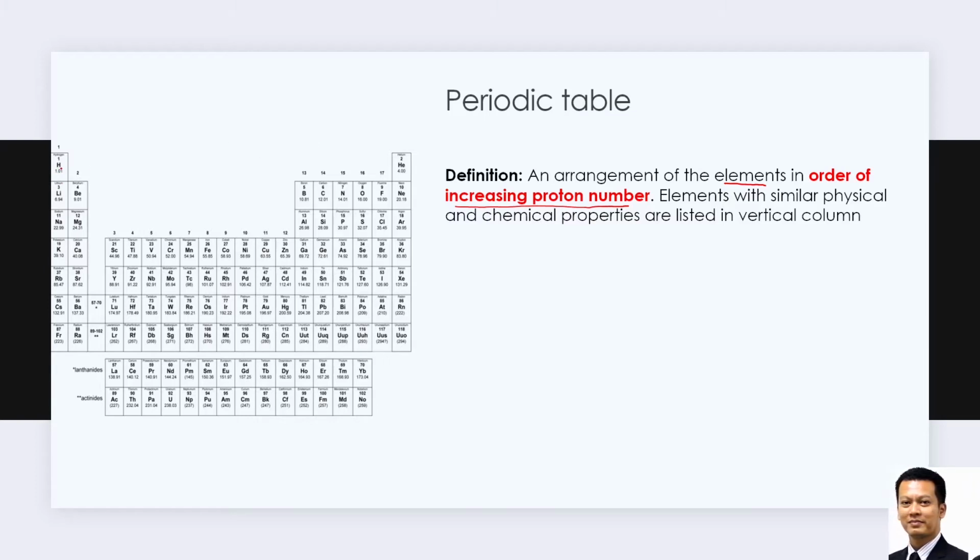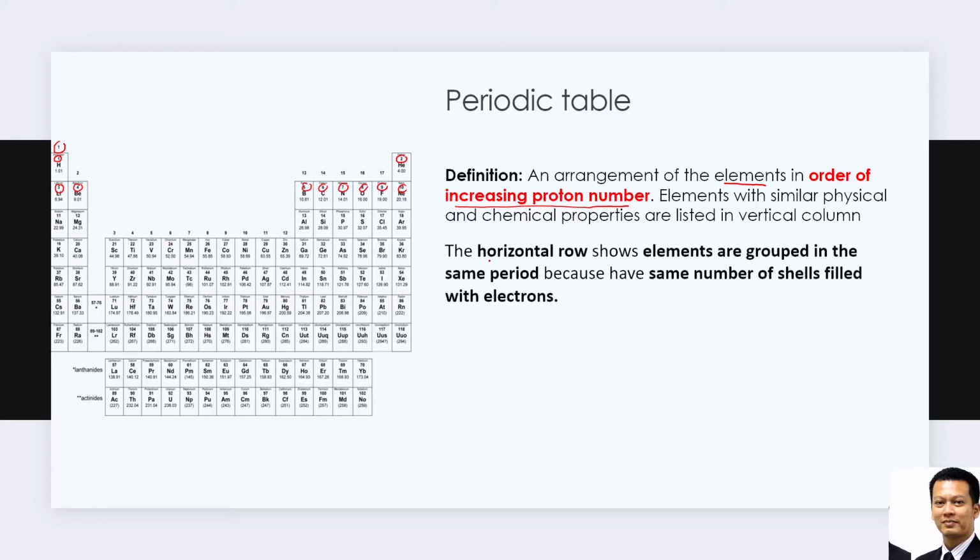It means that this one, the proton number is 1. And helium here is proton number 2. And if you have an element that has 3 protons, for example lithium, it will be put at the bottom here. So increasing number of proton. That is how the periodic table is arranged.